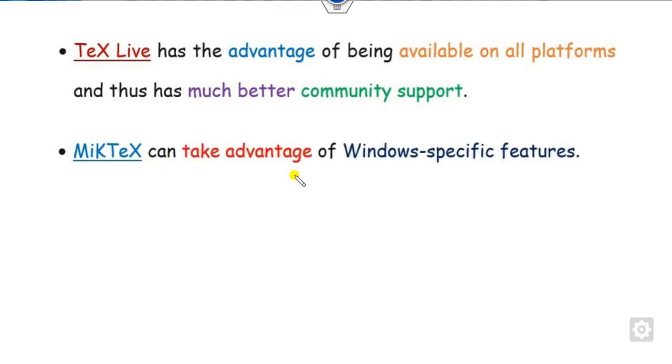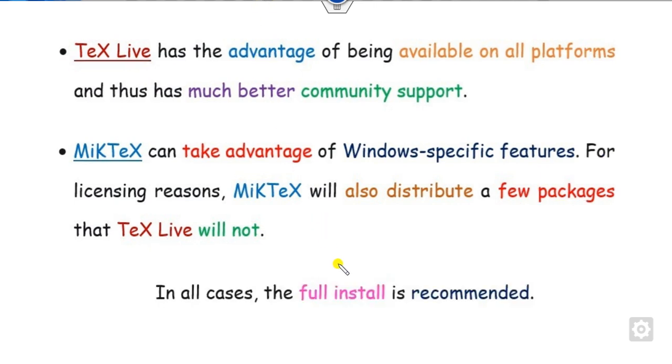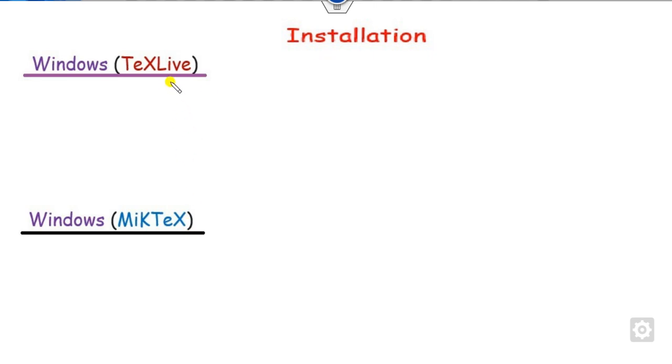On the other hand, MiKTeX has the advantage of being only for Windows, and MiKTeX also distributes free packages, but TeX Live does not provide a few of those packages. So MiKTeX will be a better option than TeX Live. But whatever you want to install depends upon your choice. I always recommend using the full installation. How you can install MiKTeX and how you can install TeX Live.